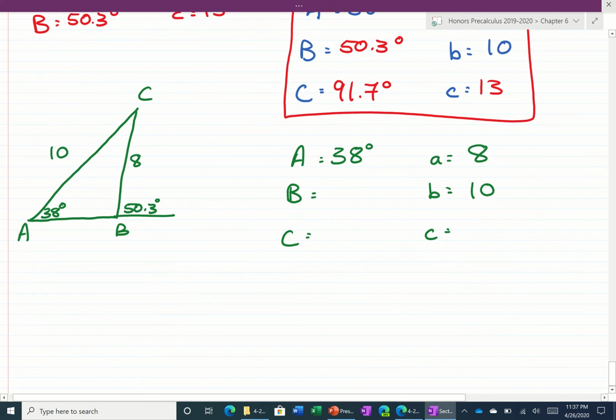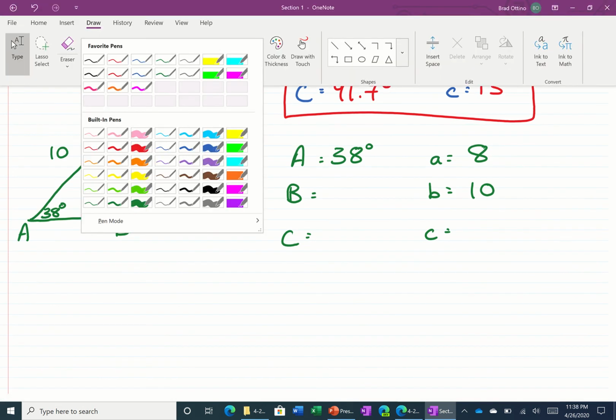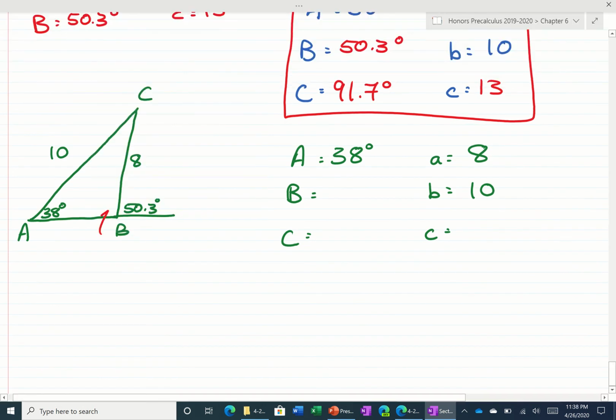Alright, so let's go ahead and do this. Using our supplementary angles, if we know that this is 50.3, angle B would be 180 minus 50.3, which would be 129.7 degrees. 180 minus those two to get angle C would give us 12.3 degrees.